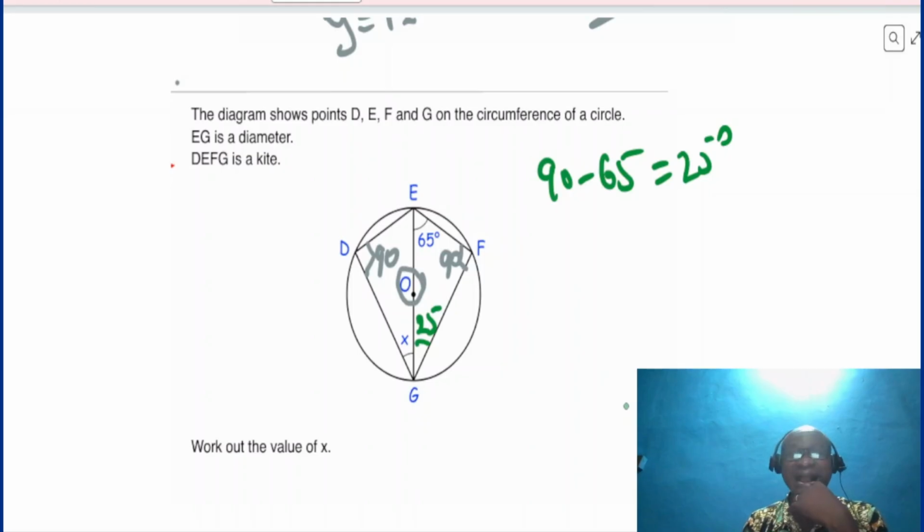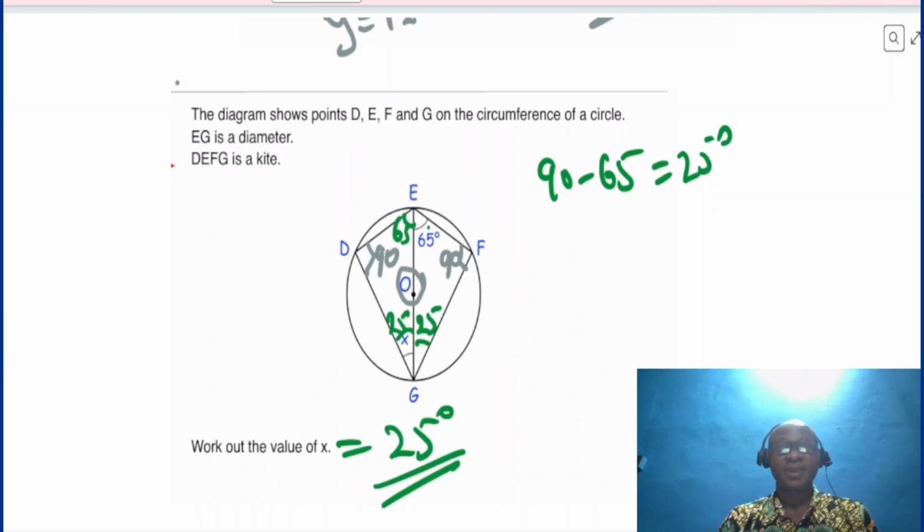Automatically, in a kite, just know this: opposite angles are always equal. So if here is 25, x also is going to be 25. If here is 65, this place also is going to be 65. So your answer, x equal to 25, is correct. Okay.